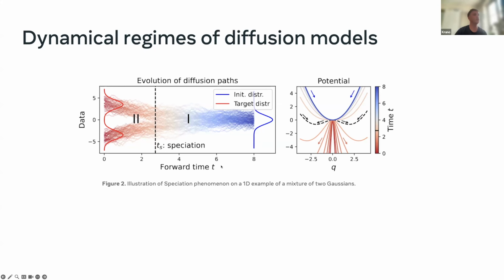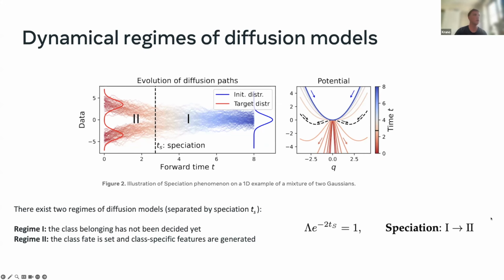And then as you keep noising, at some large forward time t, you're basically going to get to a standard Gaussian distribution. Theoretically, they have shown that there exist three regimes, but I'm only going to talk about the first two, because for the whole presentation, the second and the third regime are exactly the same and there's not going to be any difference.